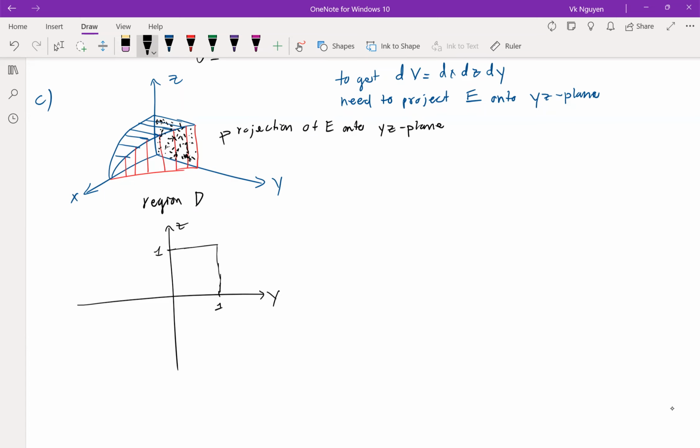See, there is an intersection of the two curves. Everybody see this intersection, right? What is this intersection here?